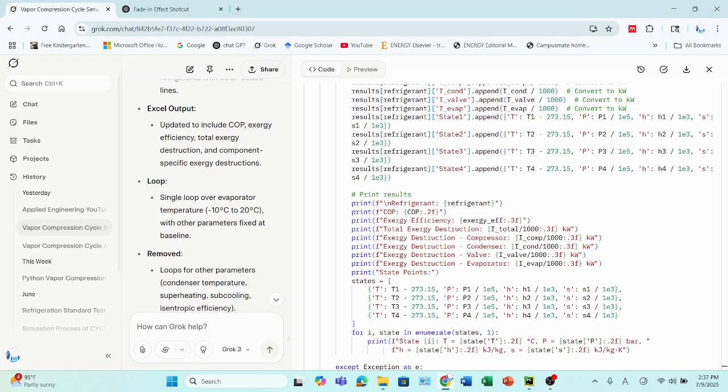We'll go to Grok and ask: the exergy efficiency formula is not correct, please modify it, and exergy efficiency is related with total exergy destruction and total compressor power.